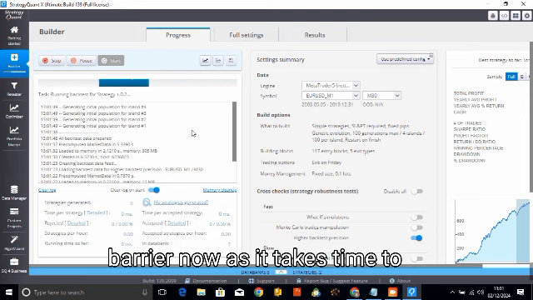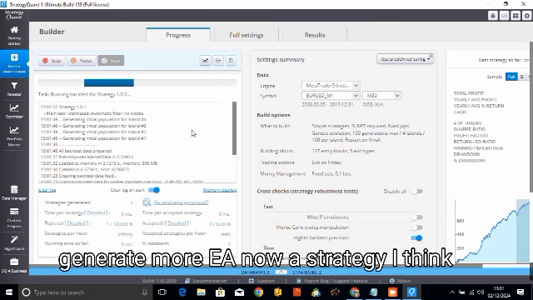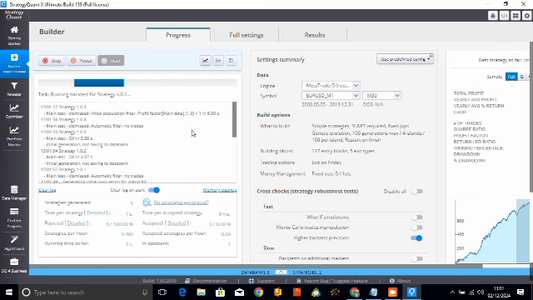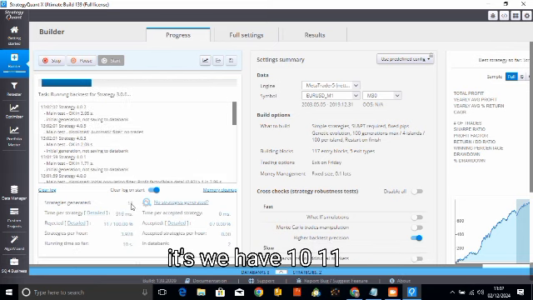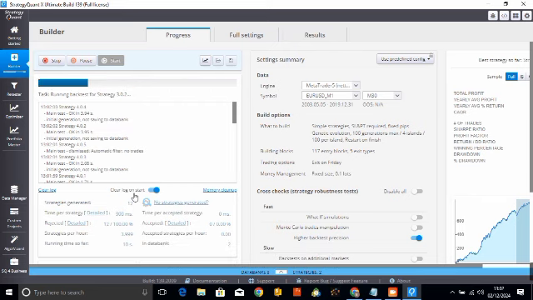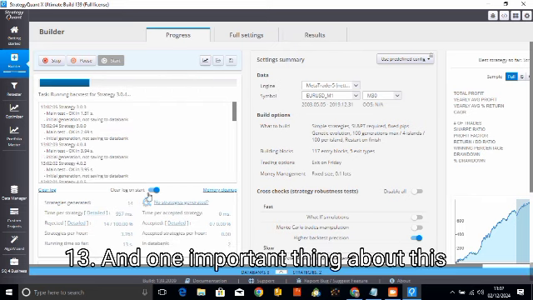Now, as it takes time to generate more EAs, I think, looking at here, 5 strategies have been generated, 8, we have 10, 11, 13.